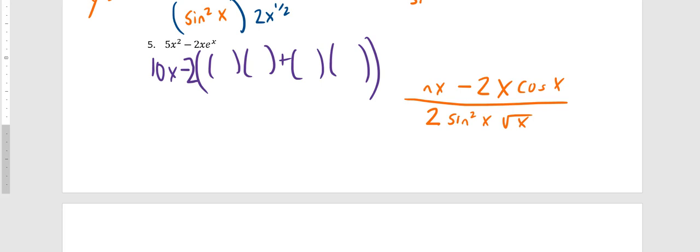I do f g prime plus f prime g. So that's going to be 10x minus 2 x e to the x plus e to the x. And maybe I want to write that another way, or maybe I'm happy as how it is.